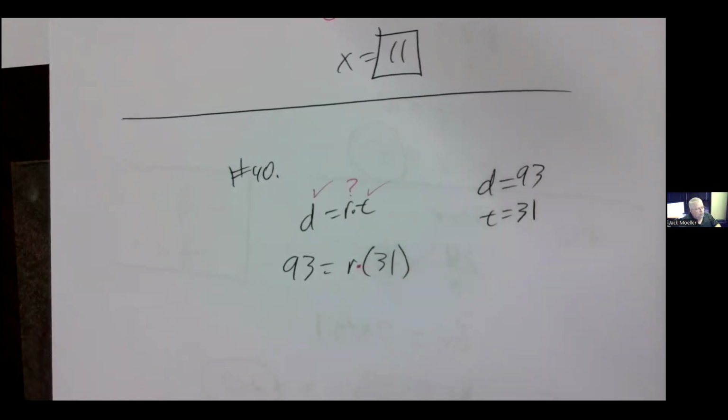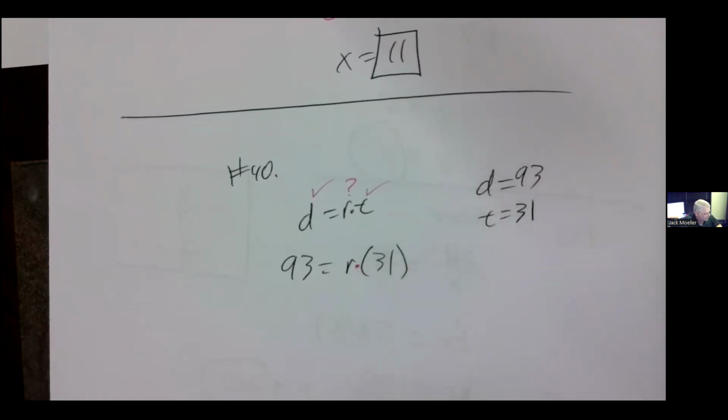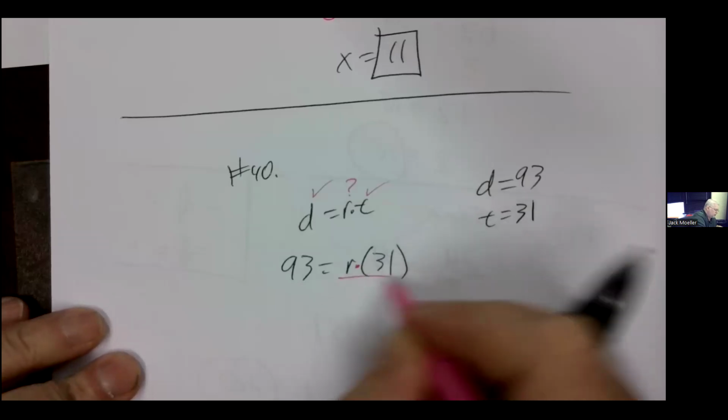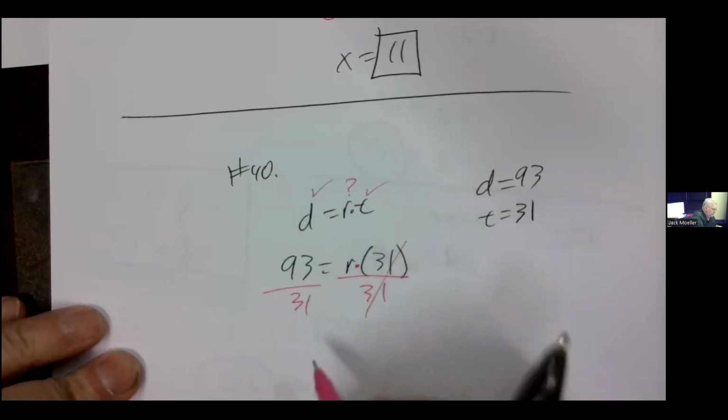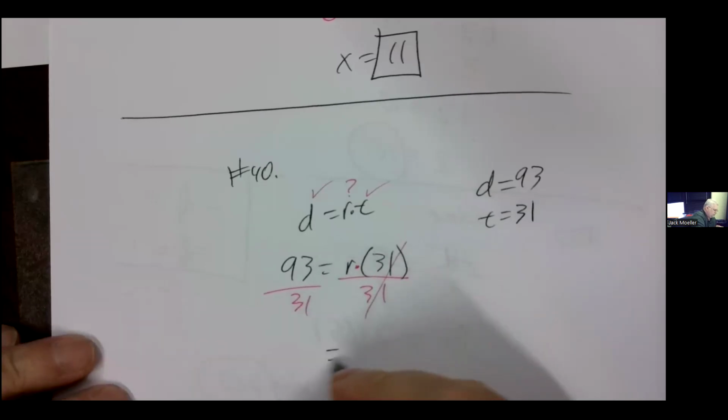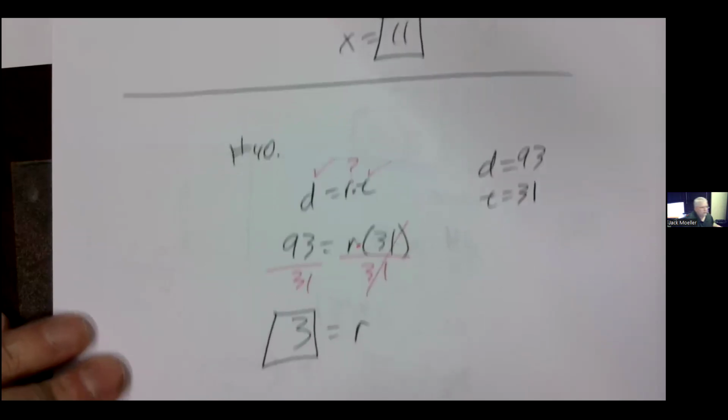When in doubt, my biggest recommendation, my tip on this is pretend the variable you're solving for is X. And ask yourself, how would you solve for X? Because we're so much more used to solving for X than our other letters. Well, this is 31 times R, so you just divide both sides by 31. And 93 divided by 31 is 3. So then we have our answer.